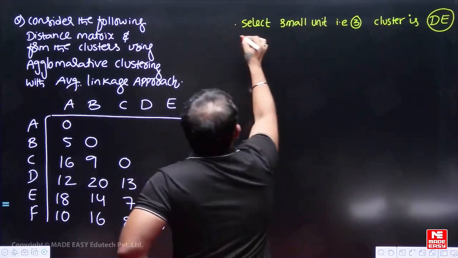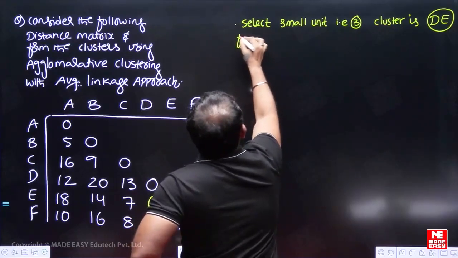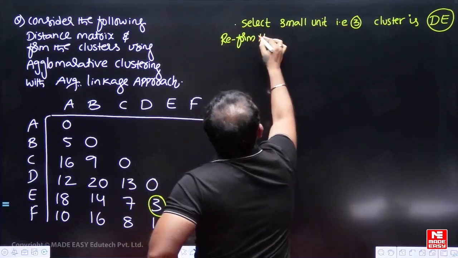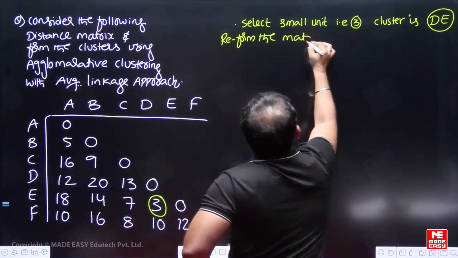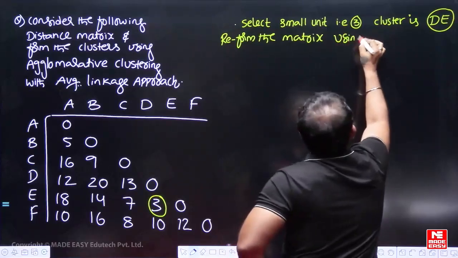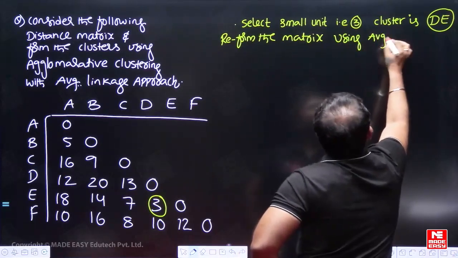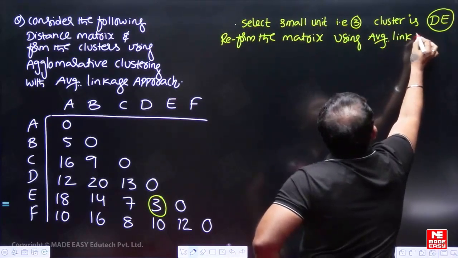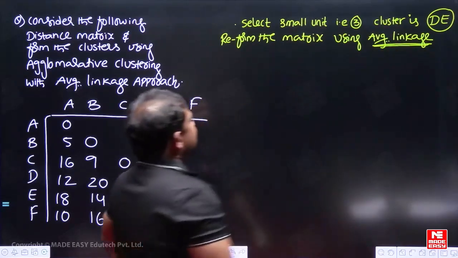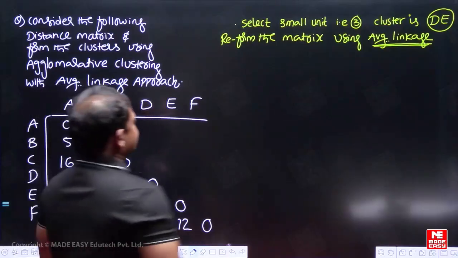Now reform the matrix. Reform the matrix using average linkage, not the single link, not the complete link, average linkage.